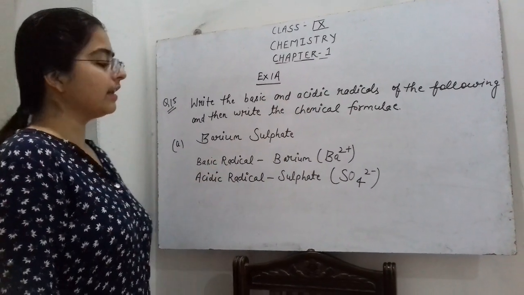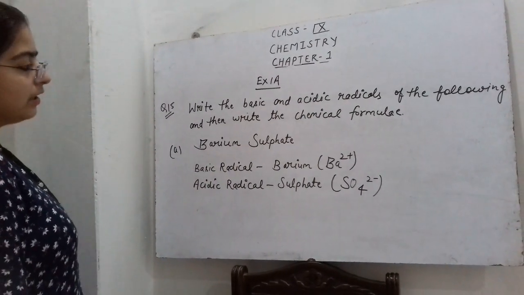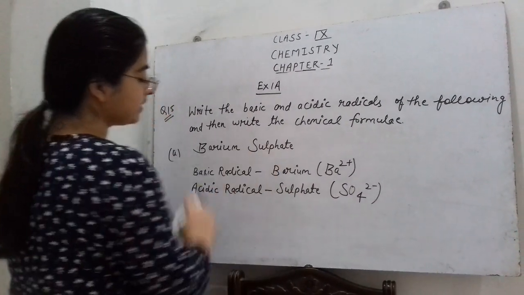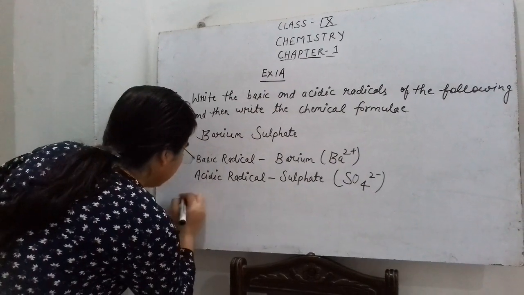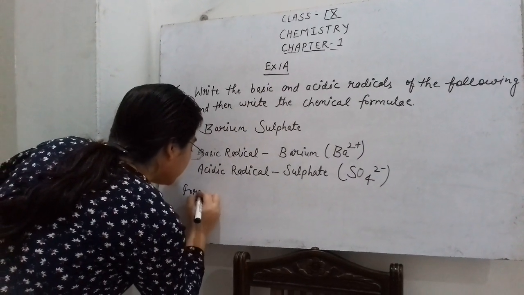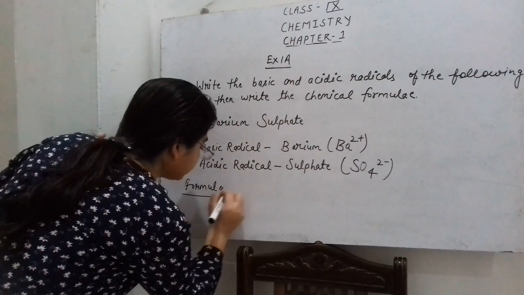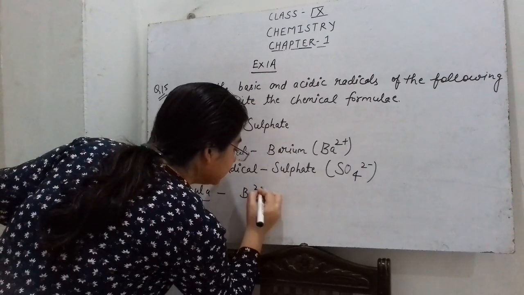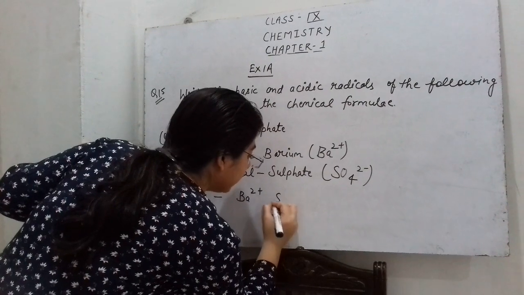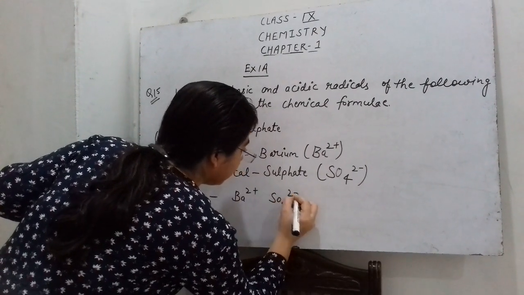This we have written. Now we have to write the chemical formula of this compound. So first of all, what we will do? In order to write the formula, we will write first of all the basic radical, and then we will write the acidic radical.